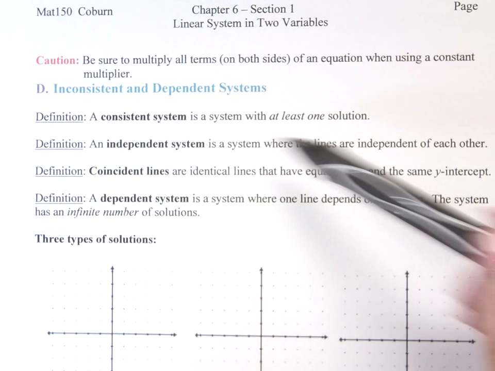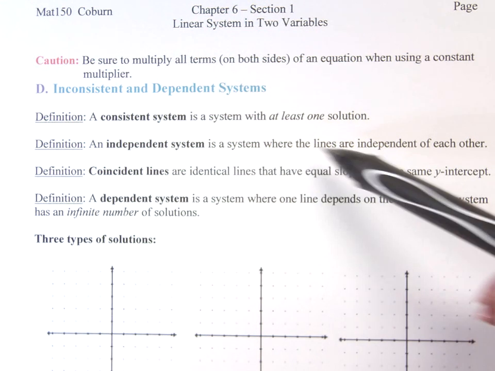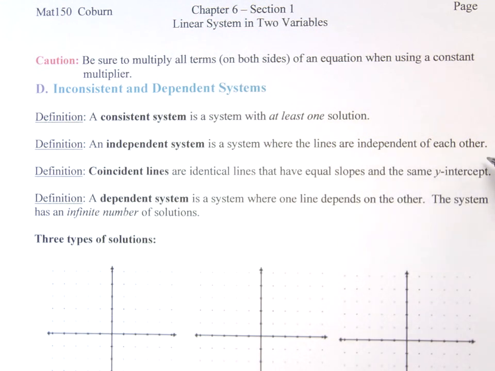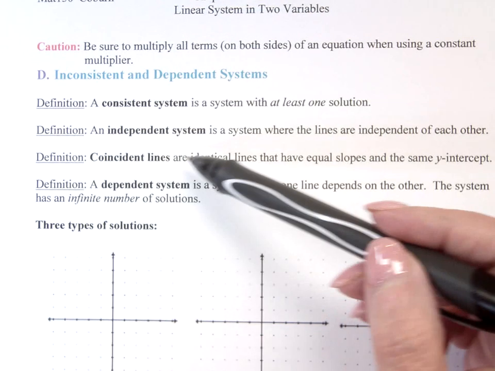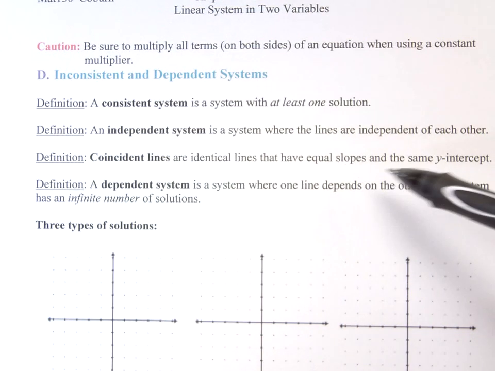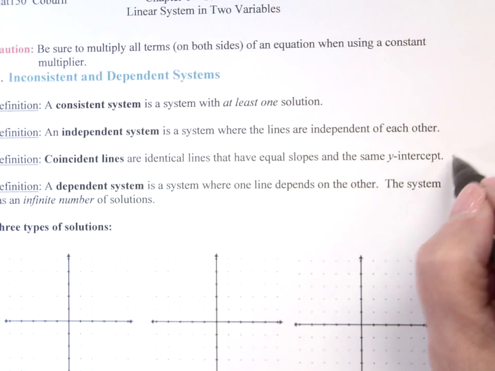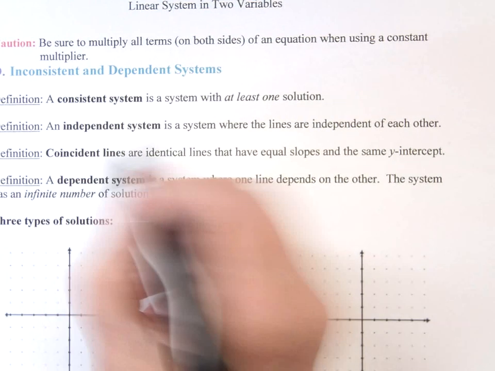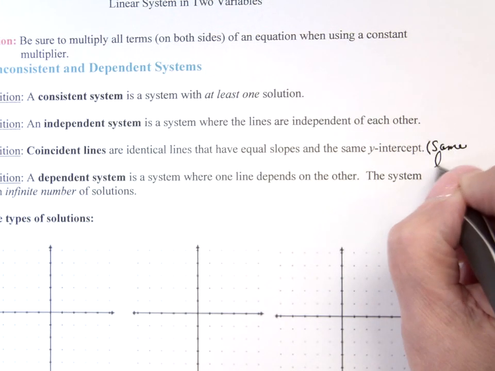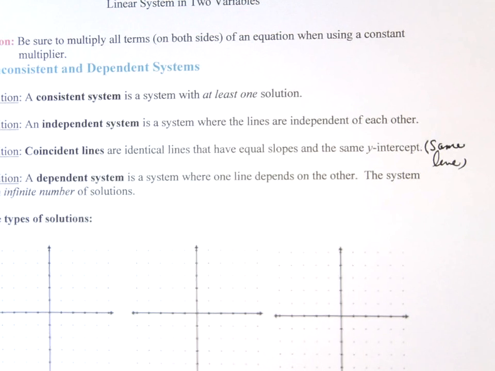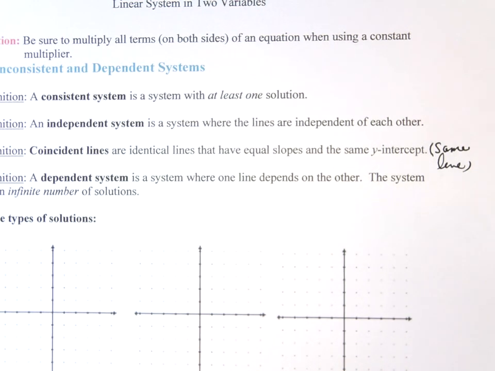An independent system is where the lines are independent of each other. Now that's still consistent. Coincident lines are identical lines that have equal slopes and the same y-intercept. What they're saying is, if they're coincident lines, they are the same line. I hate big words. They didn't have to do that.